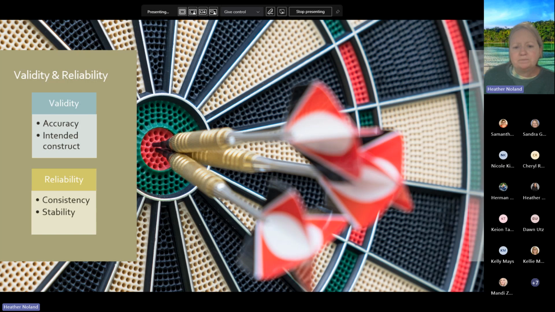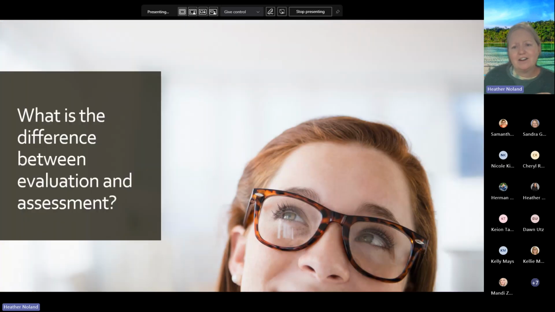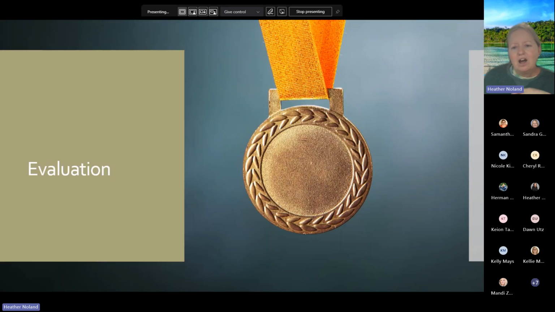As we get into this, there is a lot of back and forth between evaluation and assessment. For our purposes today, we are going to look at evaluation as seeing if we've achieved a certain level of achievement.